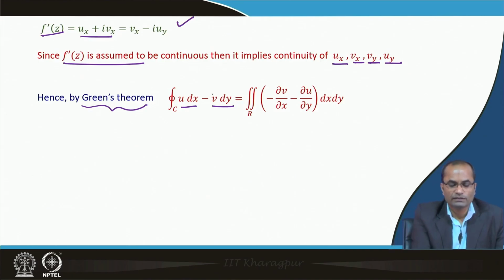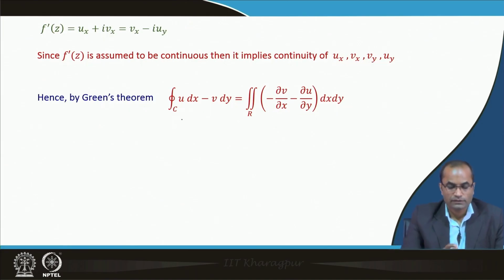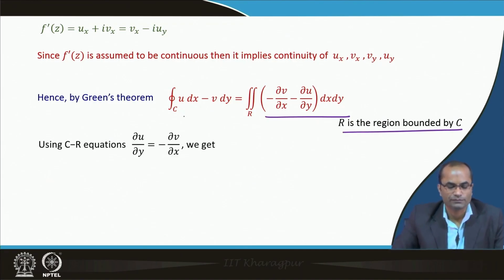So, this will be the derivative of f 2 with respect to x minus the derivative of f 1 with respect to y, so del u over del x dx. So, this curve integral can be written as this area integral using the Green's theorem, and R is the region bounded by this curve C. So, the same setting that we have for the Green's theorem.